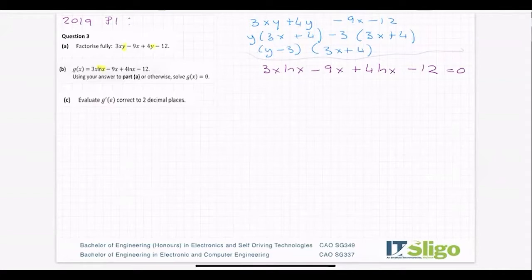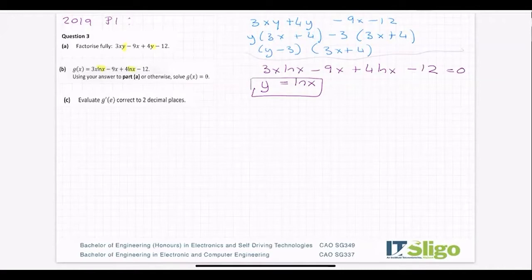Now, if both of these equations are 0, in that they are when you factorise, then you can conclude that y must be the same as ln of x. Okay, because that is the only difference between the two lines.